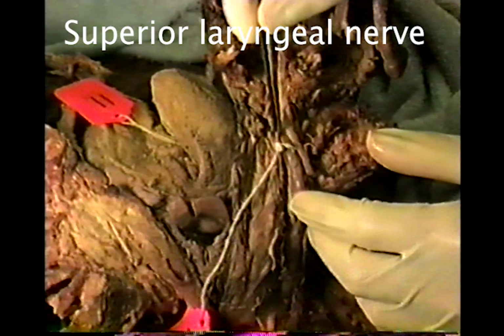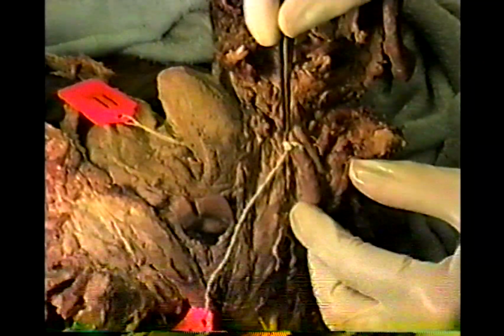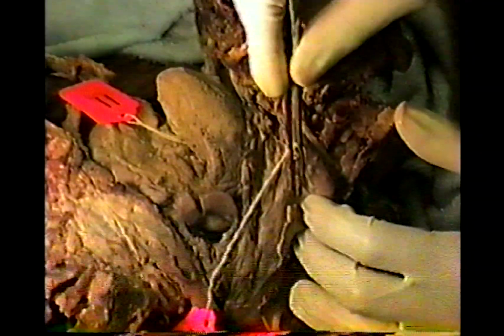And one of the branches that comes off the vagus superiorly would be the superior laryngeal nerve. So off the vagus, superiorly, you would have the superior laryngeal nerve, which branches into an external branch which descends actually lower, and an internal branch which is more superior.